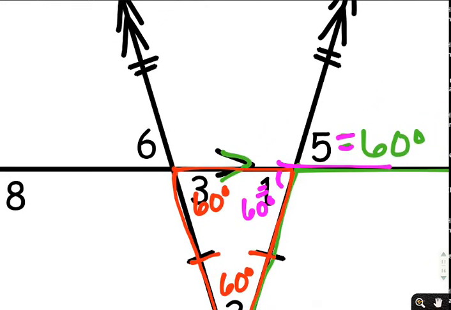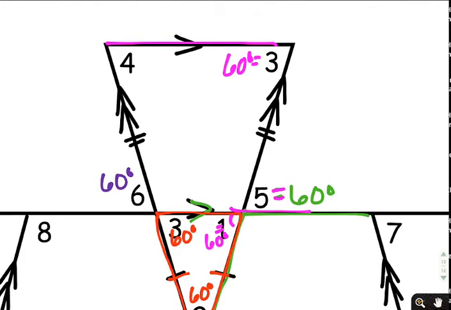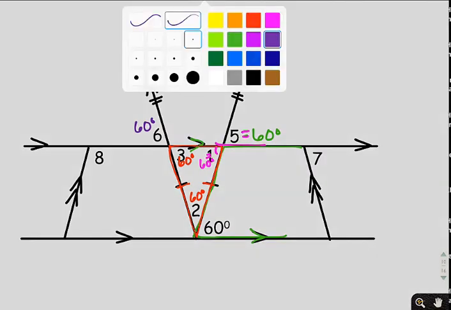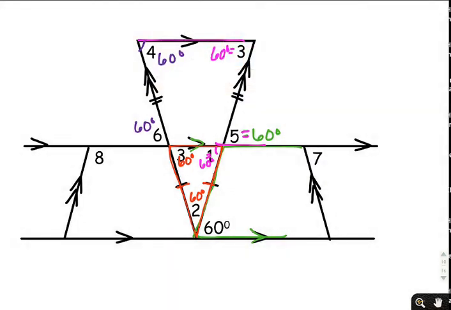We can now attack angle 6 because angle 6 and angle 3 are vertical, making that 60 degrees. Man, look at all these 60 degrees. And 6 and 4 have to be congruent because of alternate interior angles, so that's 60 degrees again. So now we only have two more, and it seems to me like these might be the wackiest ones to find because they're kind of off by themselves. Now, this is not going to scare us because we're going to make a basic observation.